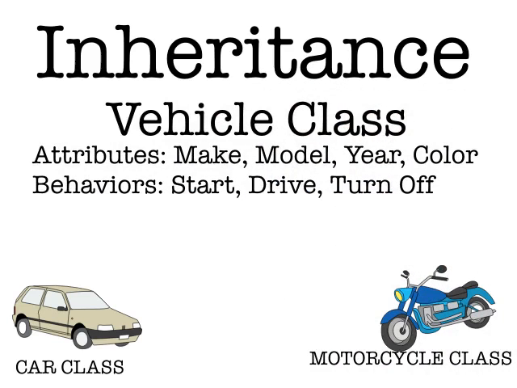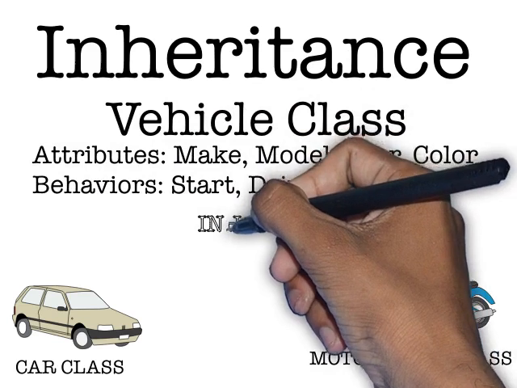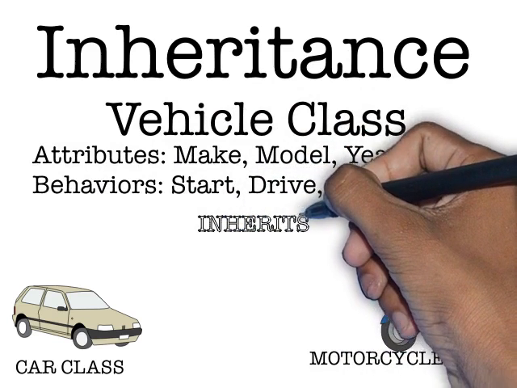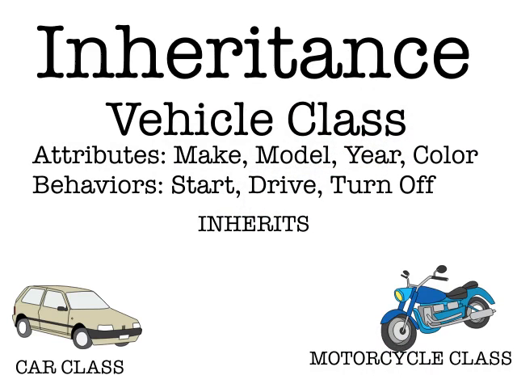Then, our motorcycle and car class can inherit these properties and behaviors of the vehicle class. In addition to the attributes and behaviors of the parent class, we would also have other attributes and behaviors unique to the child classes. For example, we might want an attribute for the number of doors in the car class and an attribute for the handlebar style in the motorcycle class. I'm clearly not a motor vehicle expert, but you get the point.